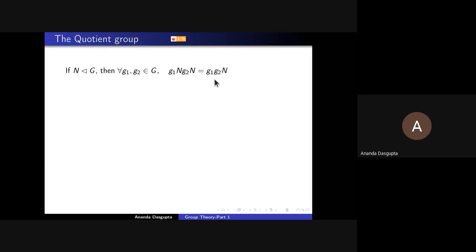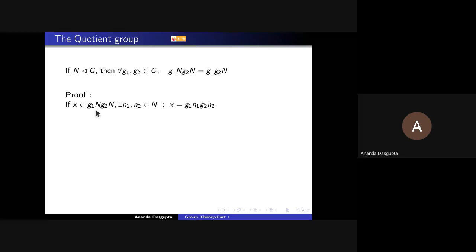Okay. That's a statement that I've not proven. I'm just asserting this, that if you start with an arbitrary subgroup, take its cosets, multiply them together, you will usually not get a coset. However, if you multiply two cosets of a normal subgroup, the result is a coset. Well, the proof is sort of straightforward. The proof goes this way. Just look at the left-hand side, g1N g2N.